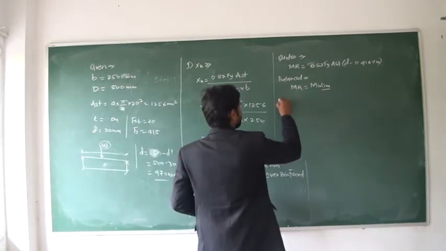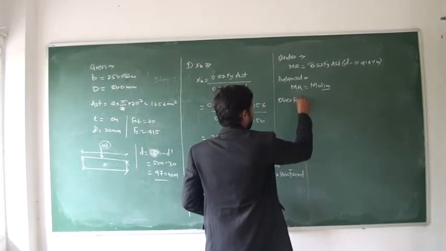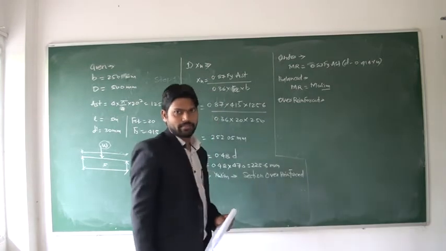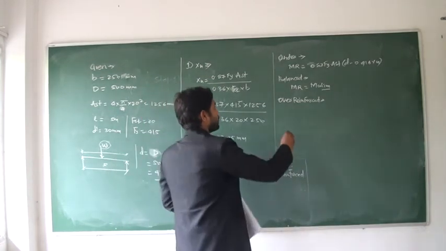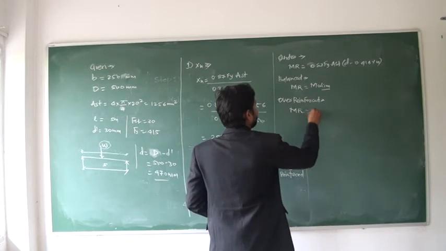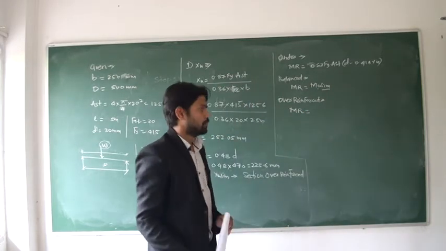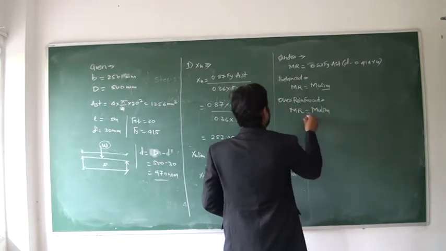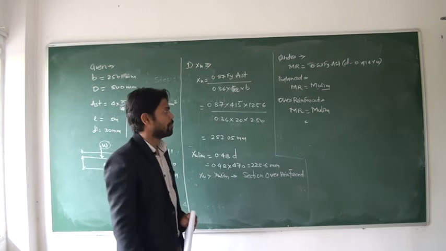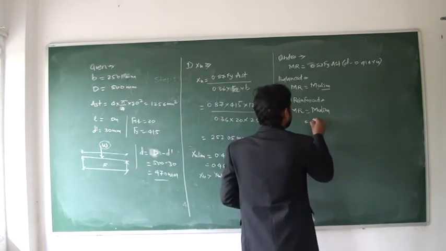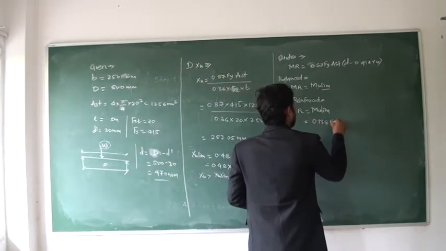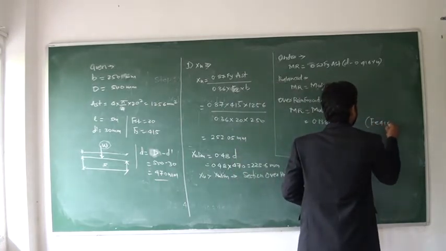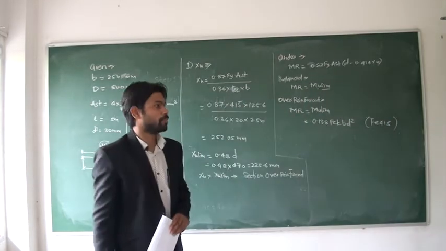But what if the section is over reinforced? See, over reinforced sections are not allowed. So the moment of resistance of that particular section is limited to this Mu limit value. So MR in that case is equal to again Mu limit. Now our case is an over reinforced section, so MR will be equal to Mu limit. So it means 0.138 fck b d square for Fe415.